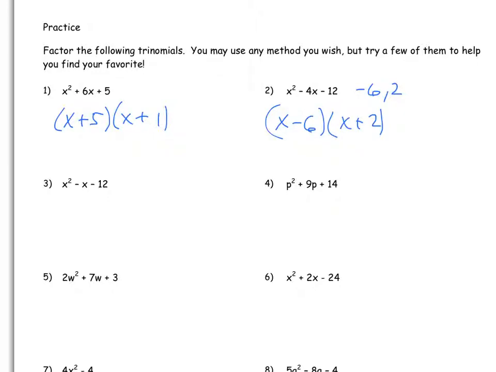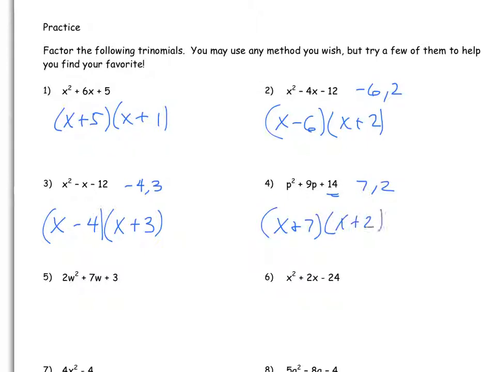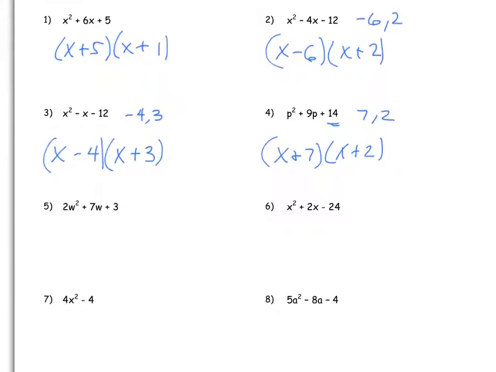Number 3, numbers that multiply to a negative 12 that are 1 number apart and add up to a negative. That's negative 4 and 3. So x minus 4, x plus 3. What numbers multiply to a 14 and add to a 9? Pretty sure that's 7 and 2. X plus 7, x plus 2. So all those should be method 1 without question.